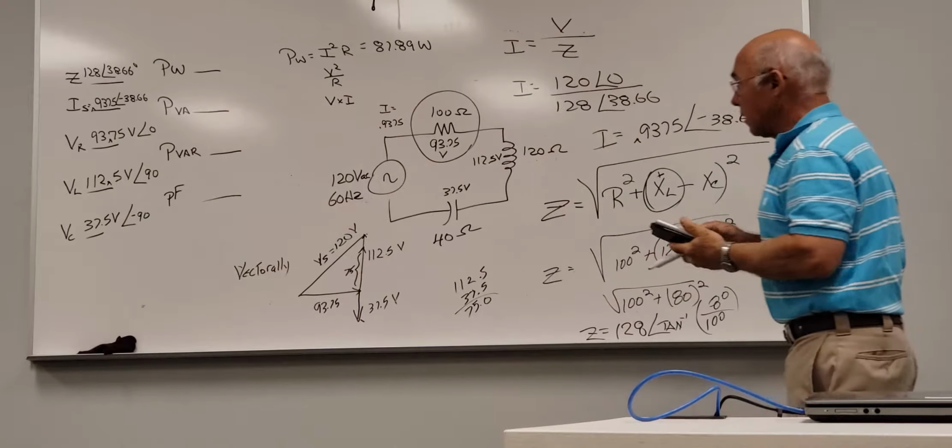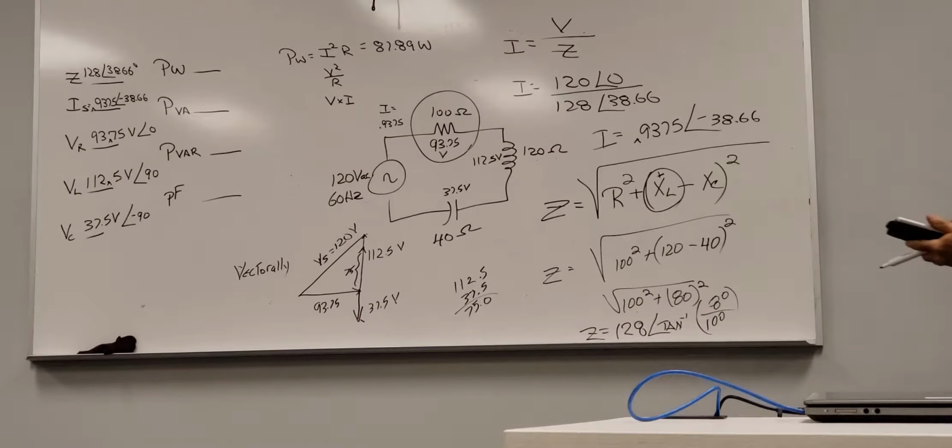Or if I take the voltage, which is 93.75, and I square the voltage, and then divide that by 100, I get 87.89.